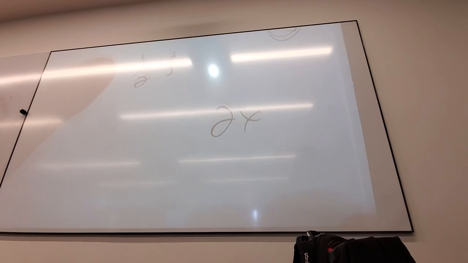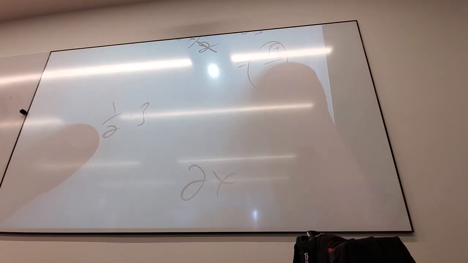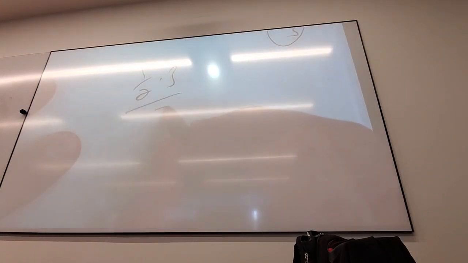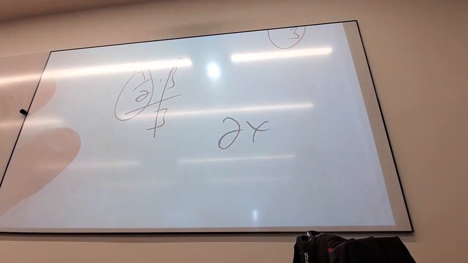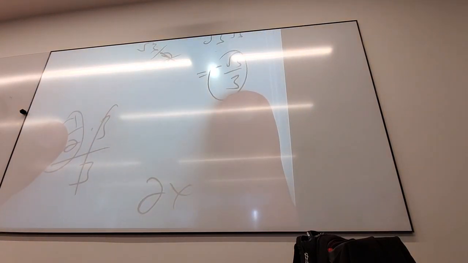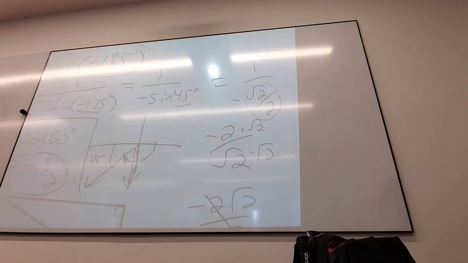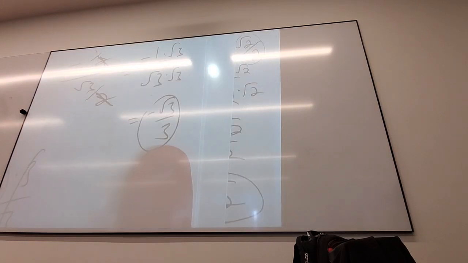Exponents are multiplicative, meaning square root of 3 is 3 to the 1/2 power, right? It's not half of 3. So if I had half of 3 divided by 3, that would be 1/2 all day. But that's not what this is. Yeah, okay. Is that all right, guys? So we got negative rad 3 over 3.